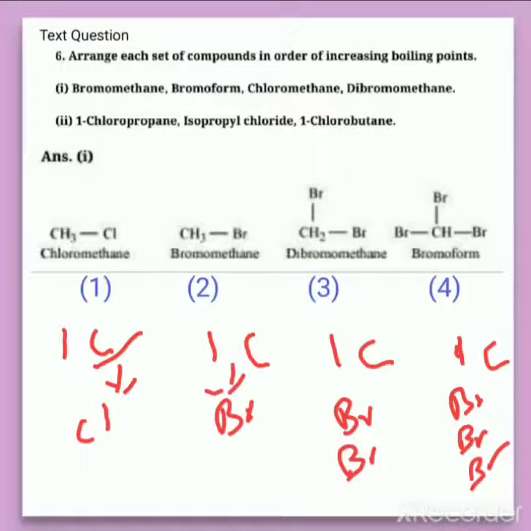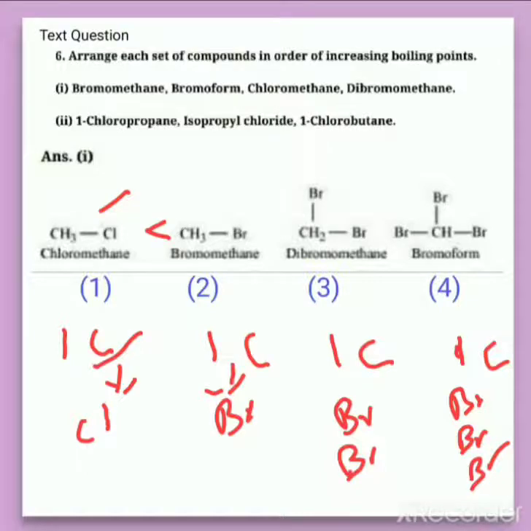So when we compare the first and second structure, chloromethane will have the lower mass, so it has the lowest boiling point. Because when the size of the halogen atom increases, the boiling point increases. So when you compare the first and second structure, the second will have a higher boiling point.